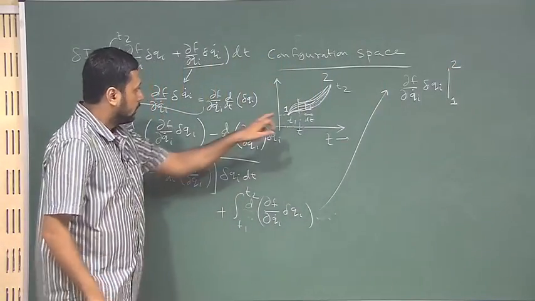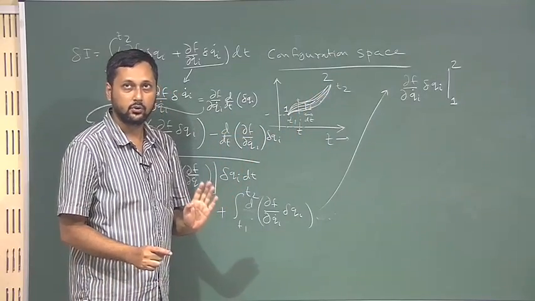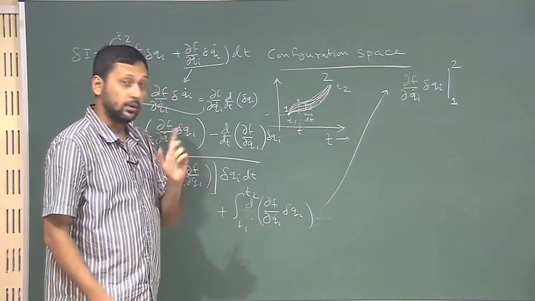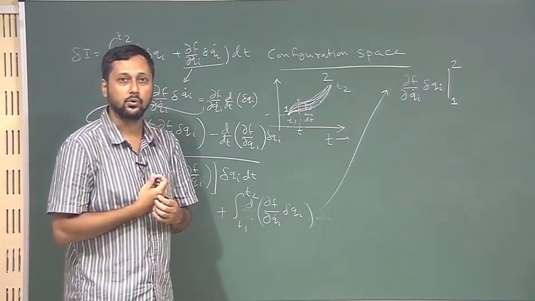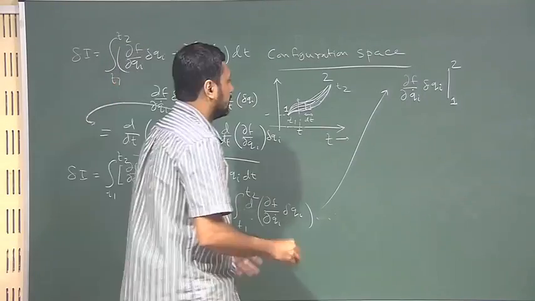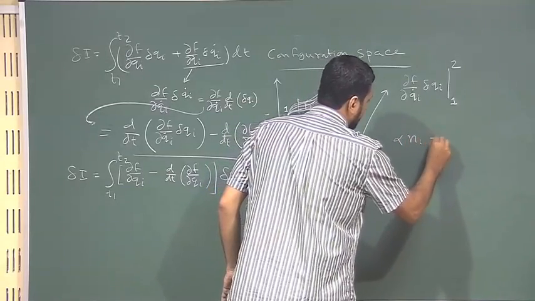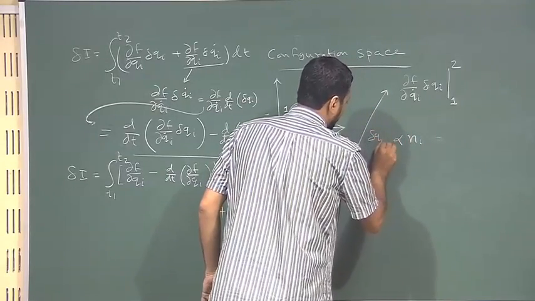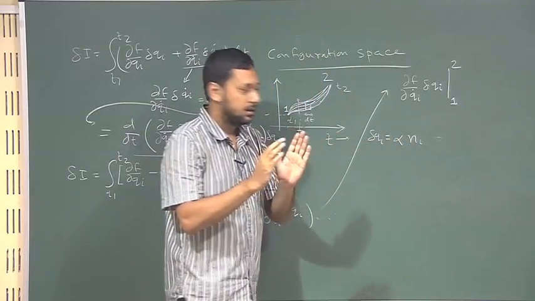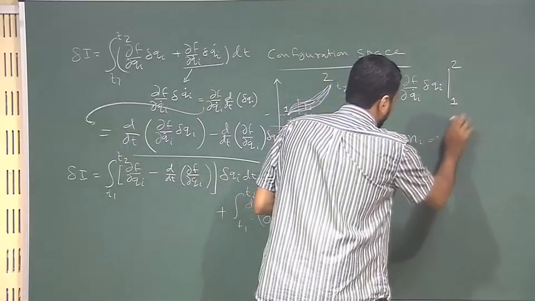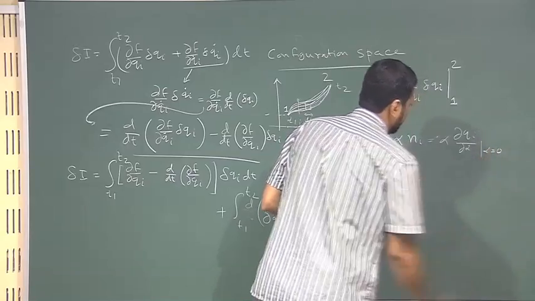Now, the first and the last points are fixed, the starting and end points are fixed points. One thing I forgot to mention: delta of q I was equal to alpha eta I, that is, alpha del q y del alpha at alpha equal to 0.